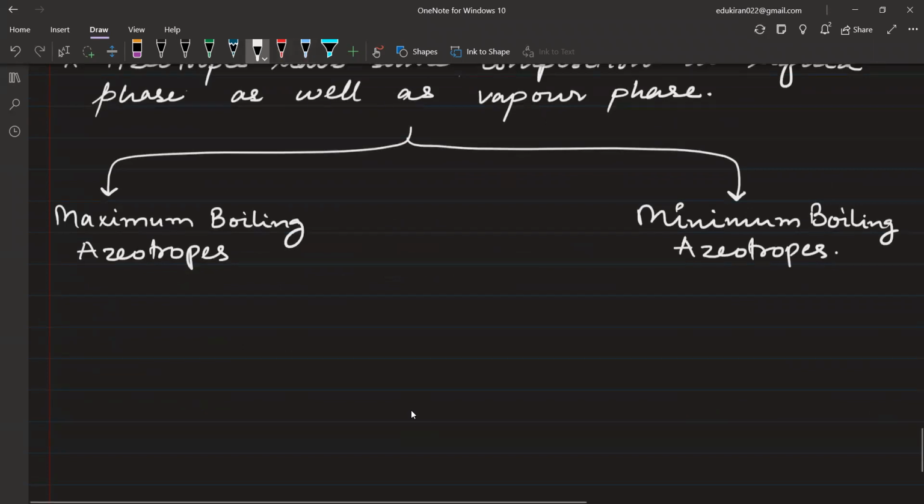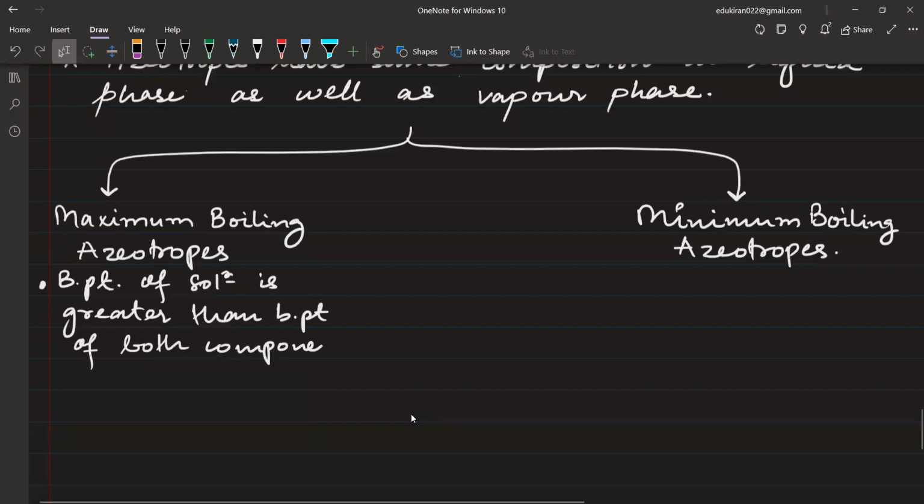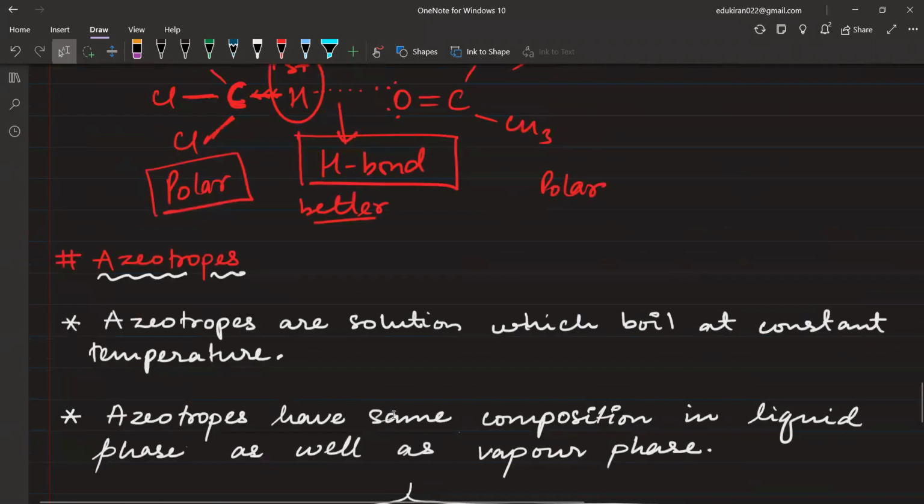Maximum boiling azeotropes are azeotropes which are formed when maximum boiling, यानी कि boiling point will be greater than both the components. Please write boiling point and maximum boiling point is what? Boiling point of solution is greater than boiling point of both components.